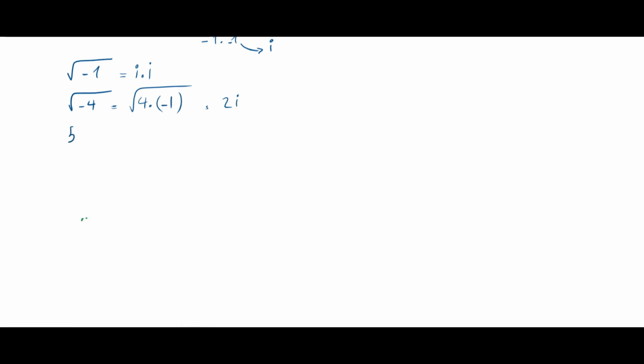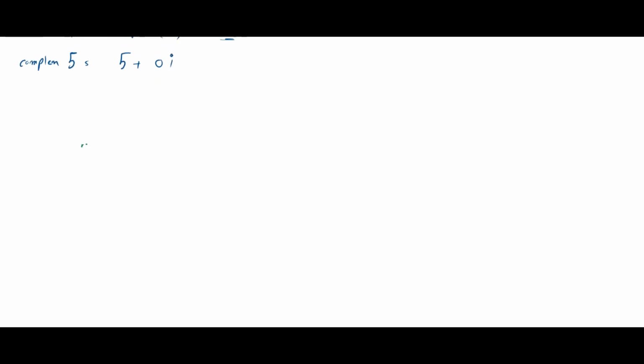But is 5 also a complex number, just like this one? Yes, it is also a complex number. It is 5 plus 0I. It is also complex. So now we have a set that is actually a field, and it is the field of complex numbers, because we have even more numbers than integers and real numbers and everything.